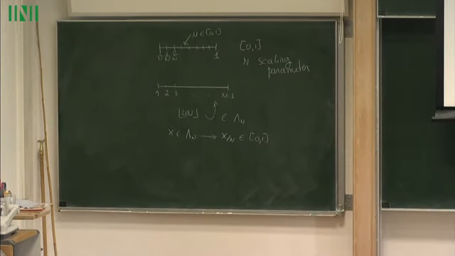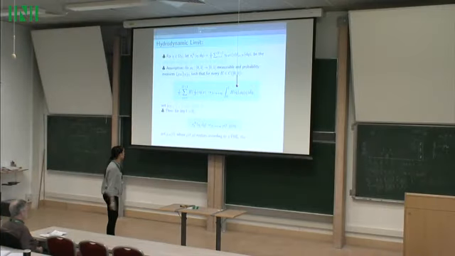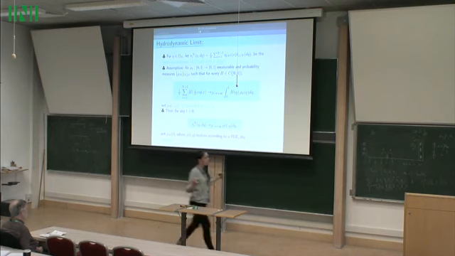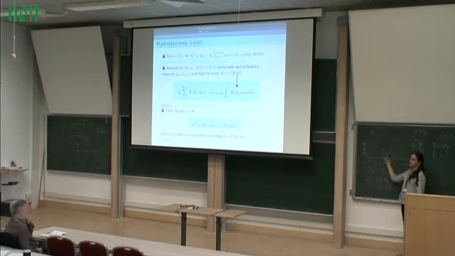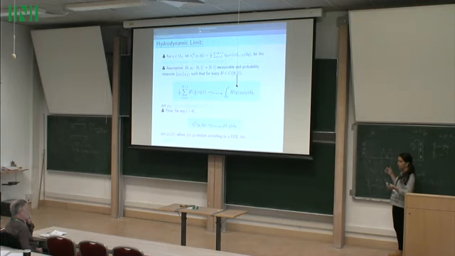So the goal is to show the following. Suppose we don't have any reservoirs. Particles would just be moving around on this discrete set, and the dynamics is only moving particles either to the left or to the right. So the question is, how does the density of particles evolve?